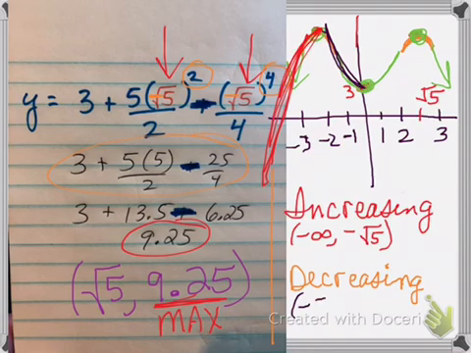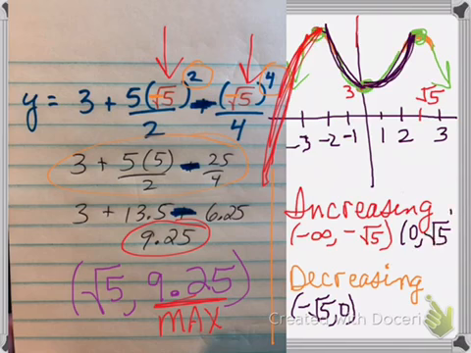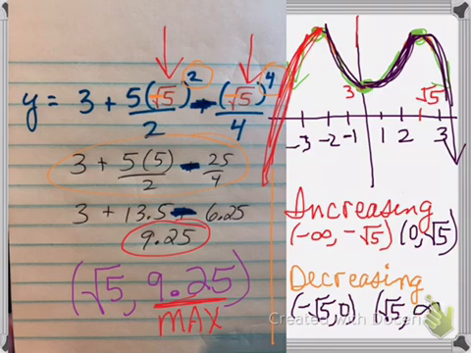It's decreasing from negative root 5 to 0. And then it starts to go uphill again, from 0 to positive square root of 5. And then it starts to go downhill again from root 5. And it doesn't stop decreasing, goes forever to the right.